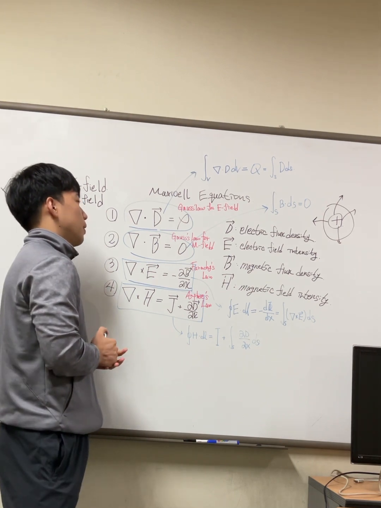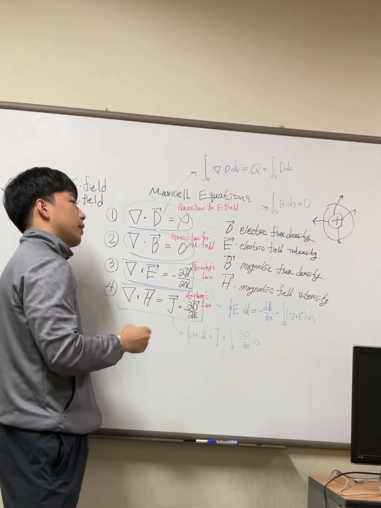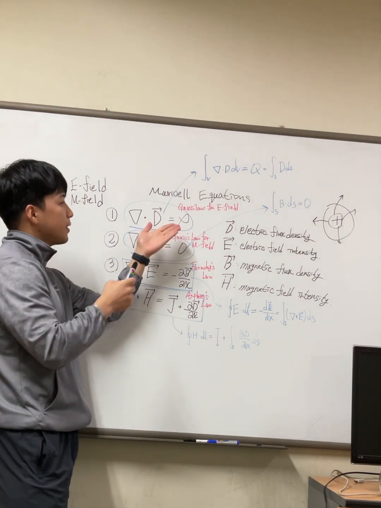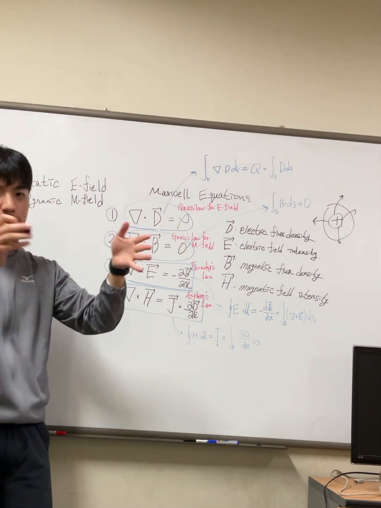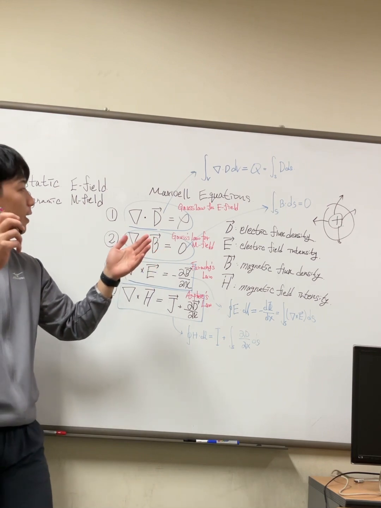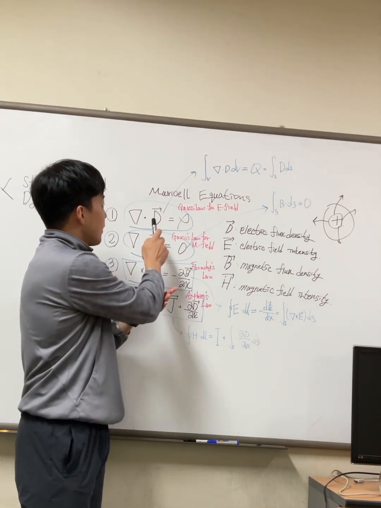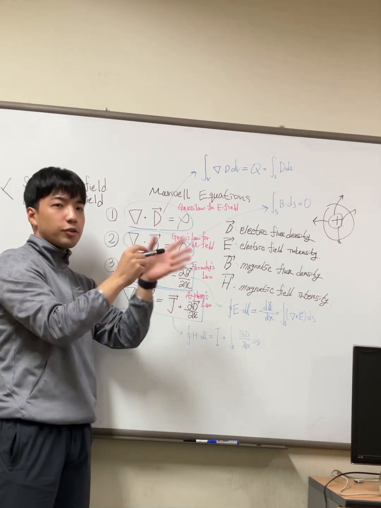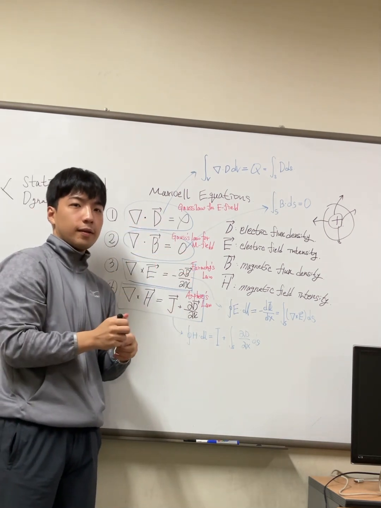So as I said before, if there is a charge in the space, then the electric flux density, vector D, diverges in this space. Did you understand?